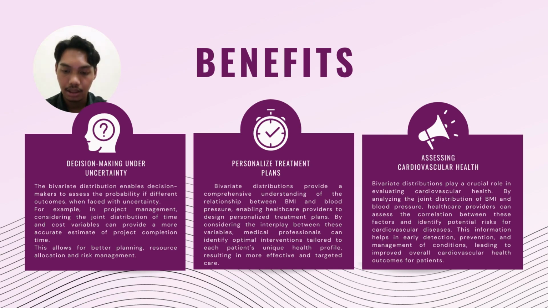By analyzing the joint distribution of BMI and blood pressure, healthcare providers can assess the correlation between these factors and identify potential risk for cardiovascular diseases. This information helps in early detection, prevention, and management of conditions, leading to improved cardiovascular health outcomes for patients.